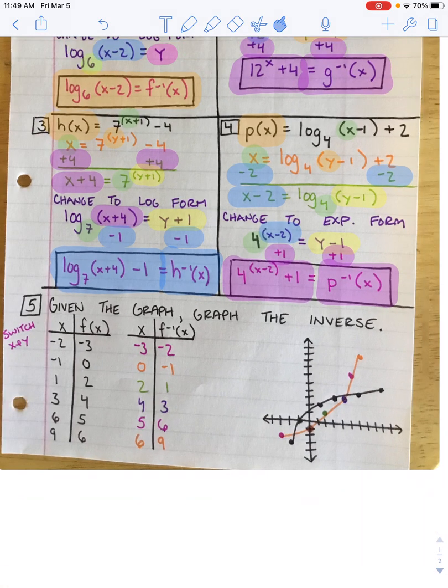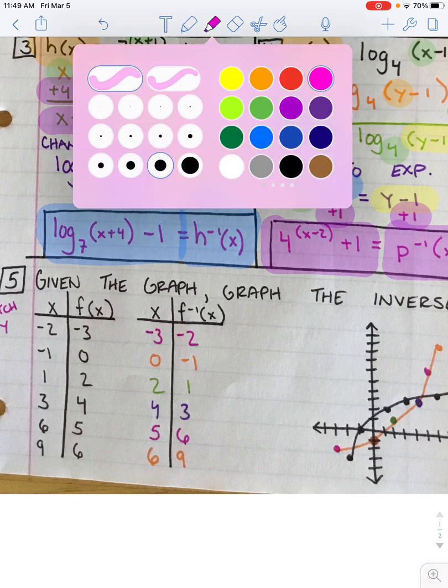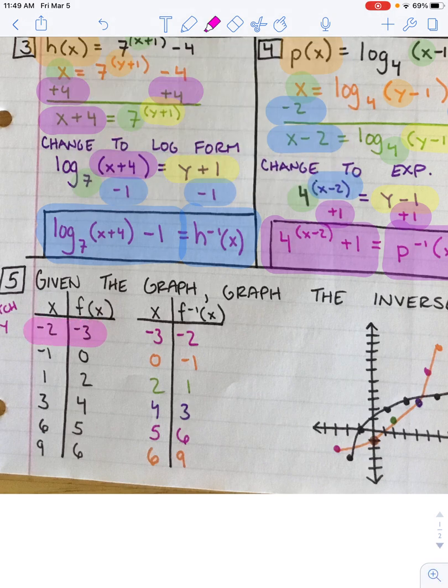Last thing you're going to be asked to do is to graph inverses. So just like when you're doing it algebraically, you switch your x and your y, you do the exact same thing graphically. So switch x and y. For our first point, I'll go ahead and use some color here. We have the point -2, -3.